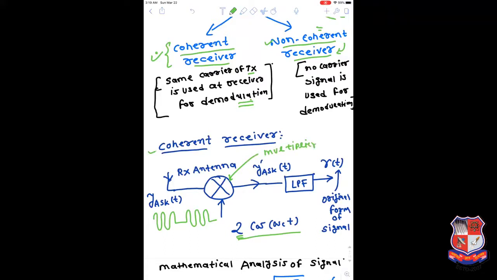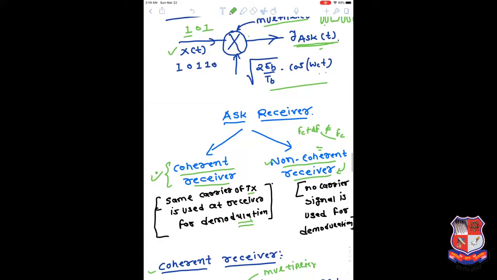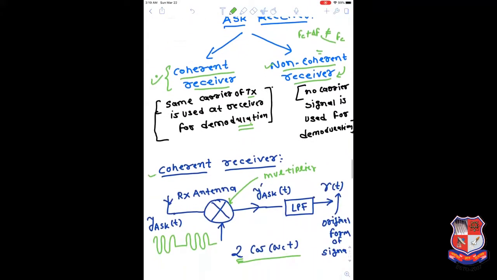So this multiplier and the transmitter's multiplier are roughly the same. Whatever signal is received here is simply multiplied with 2 cos omega ct, and the output produced at the multiplier is the y dash ASK of t signal. This is passed through the low pass filter to get the original signal r of t.